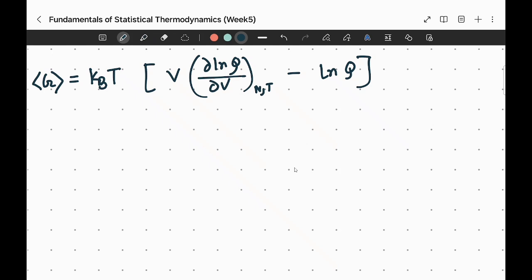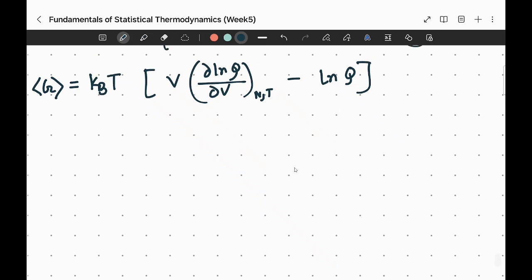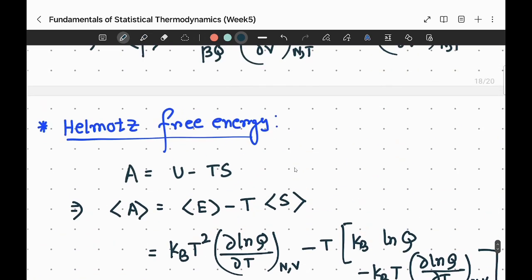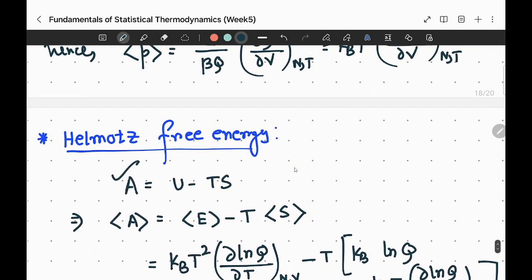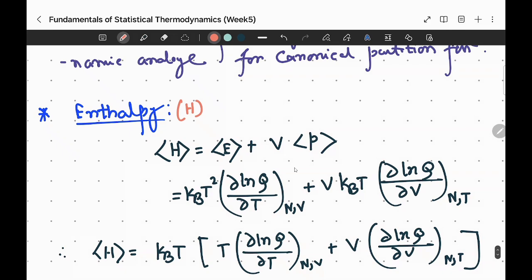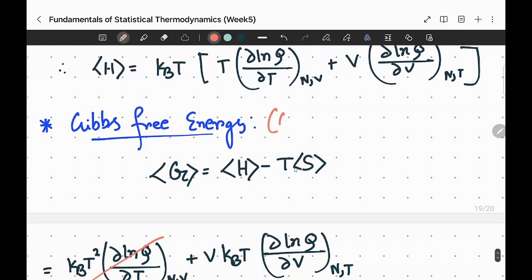May I know one thing? Sorry for this question. What is A in the Helmholtz function? This A? Yes. That is a representation of Helmholtz energy. The notation for enthalpy is H. A is the Helmholtz energy.